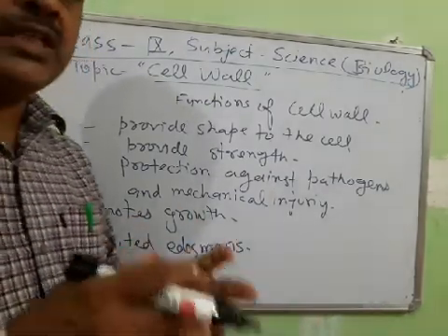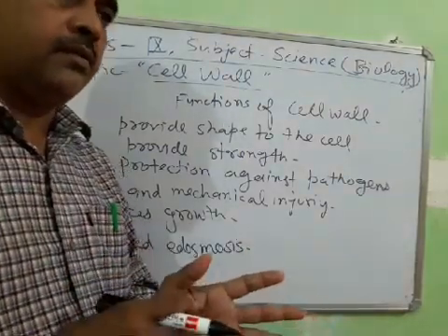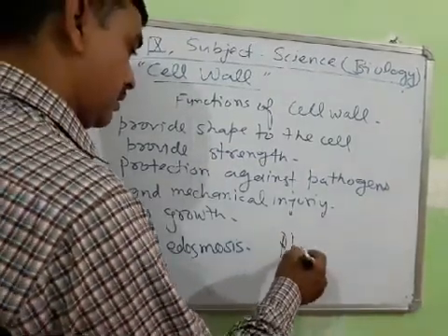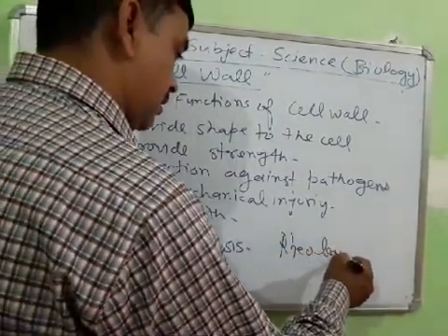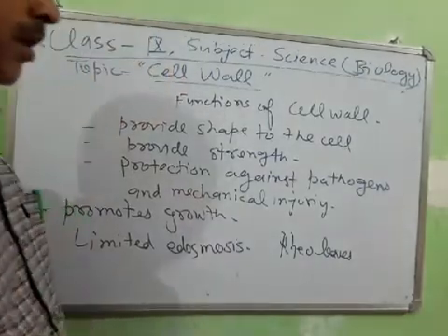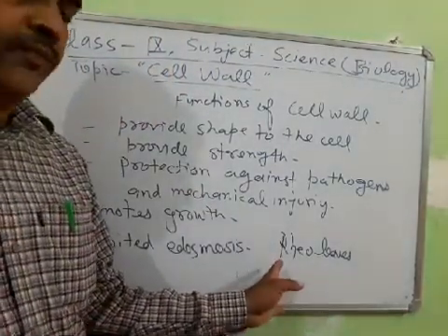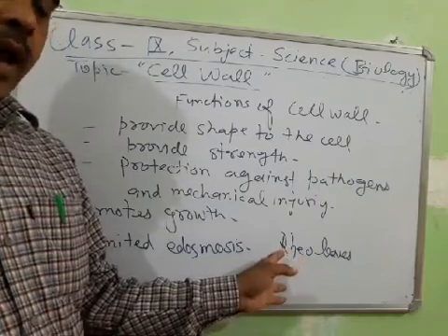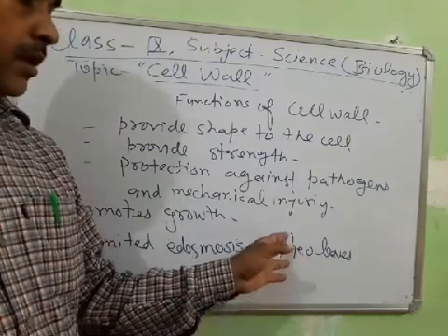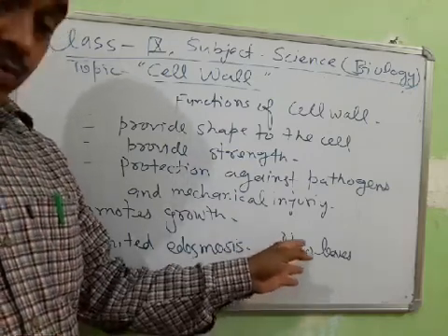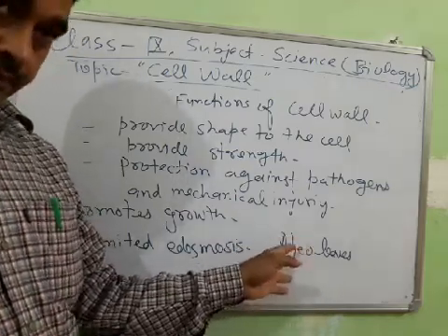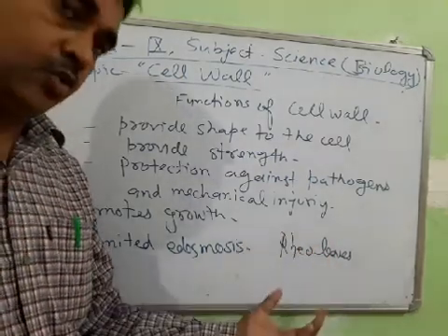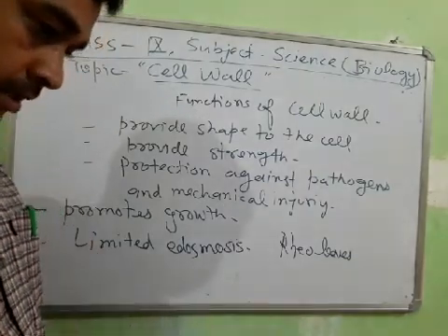You can do this activity with Rheo leaves. Okay, when a Rheo leaf is mounted with safranin and placed into salty water or sugar water, salty and sugar water mean a hypertonic solution.